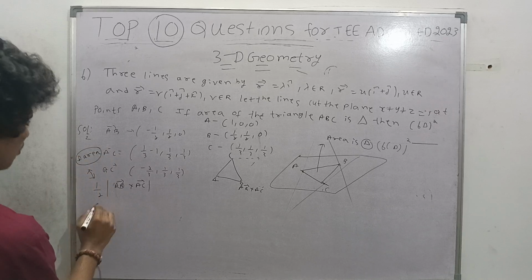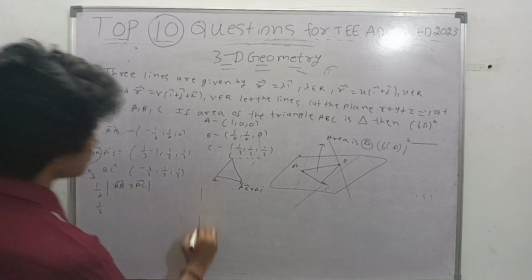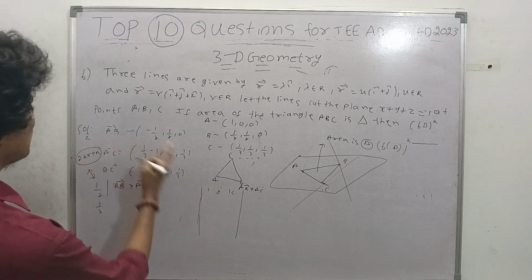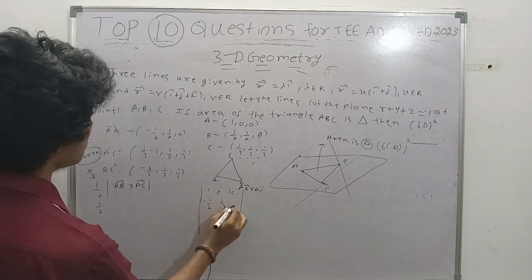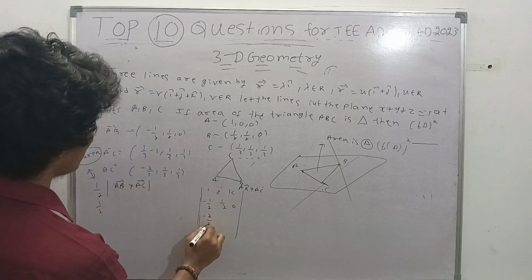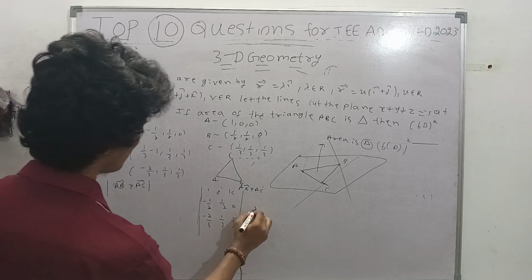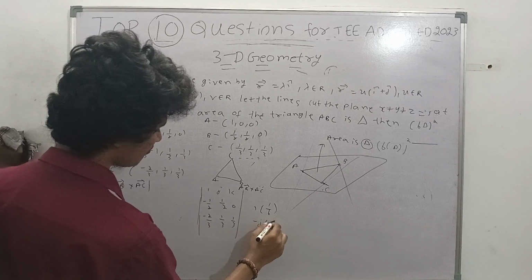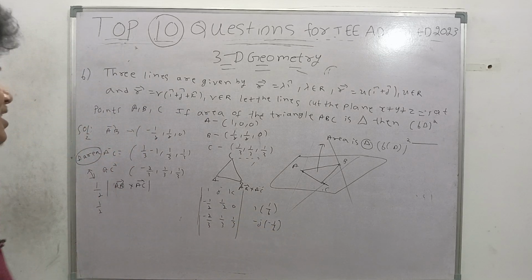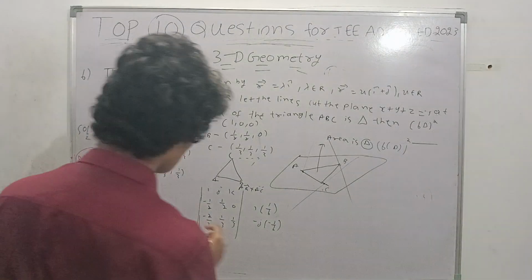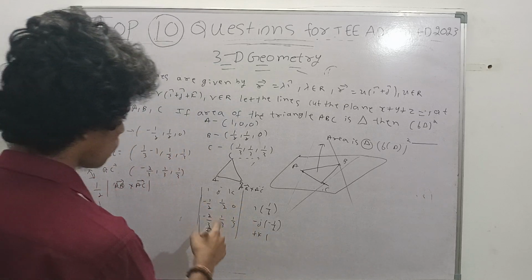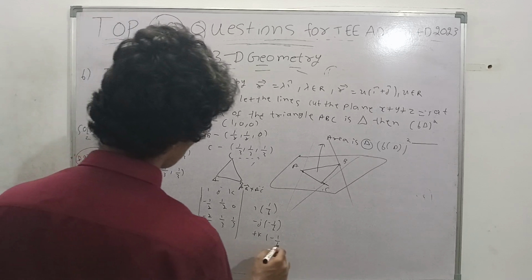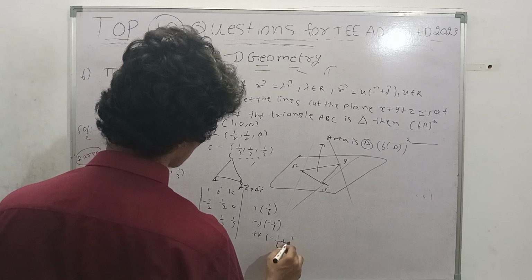Very important. Now half into, we have to do the cross product. i, j, k, and what are the points given? AB, that is minus 1 by 2, 1 by 2, 0, and AC, minus 2 by 3, 1 by 3, 1 by 3. So i into 1 by 6 minus j into minus 1 by 6, plus k into minus 1 by 6 plus 1 by 3.